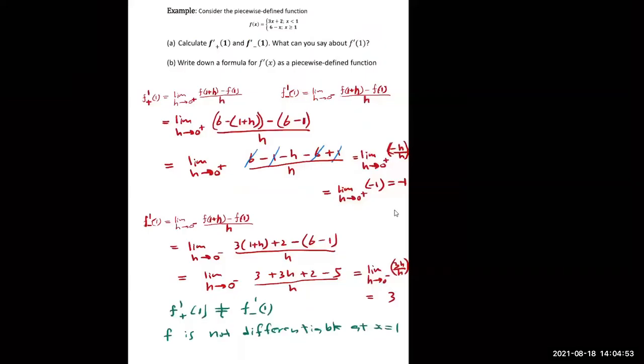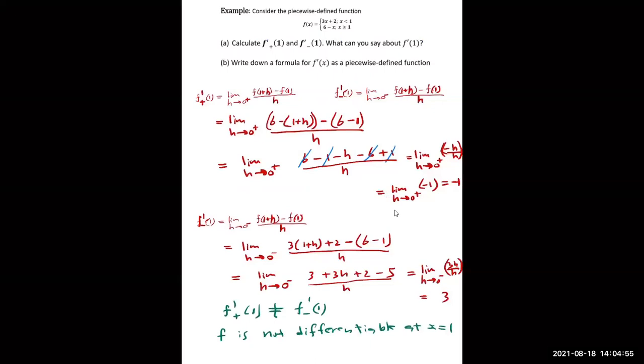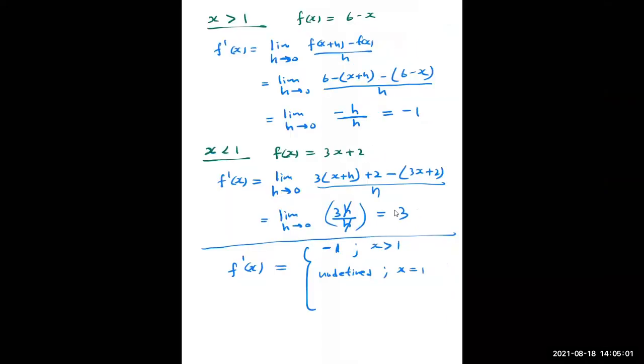We saw that the derivative was not defined at x equal to 1. It's not differentiable at x equal to 1. And of course, it is 3 if your x is less than 1. This is the piecewise function for the derivative f prime of x. Okay. All right, let's move on.